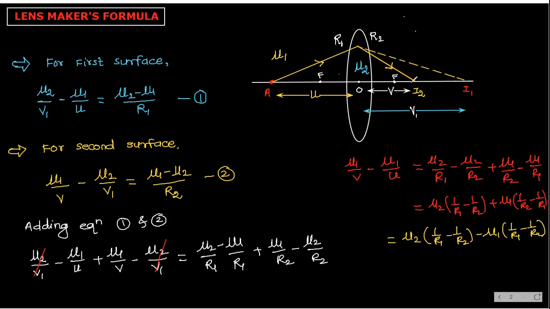Now I can take this 1 by r1 minus 1 by r2 common, so I will get mu2 minus mu1 into the bracket 1 by r1 minus 1 by r2, and this side is mu1 by v minus mu1 by u. Is that clear? Understood everyone?